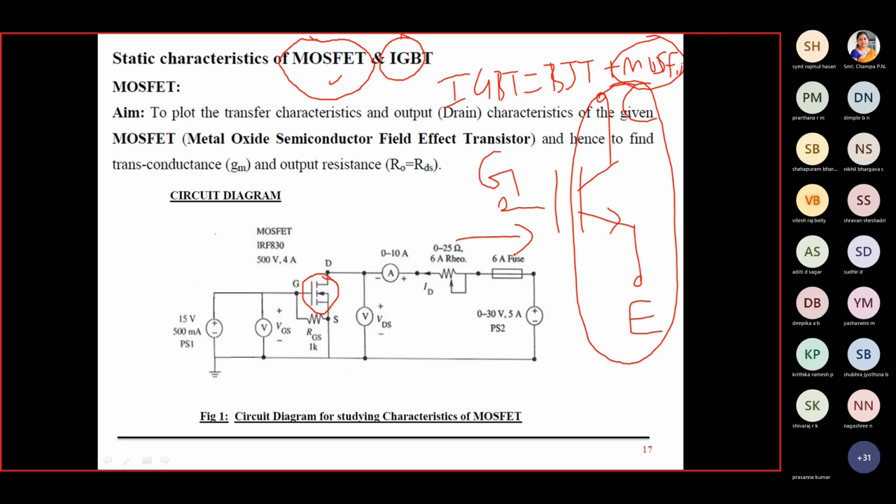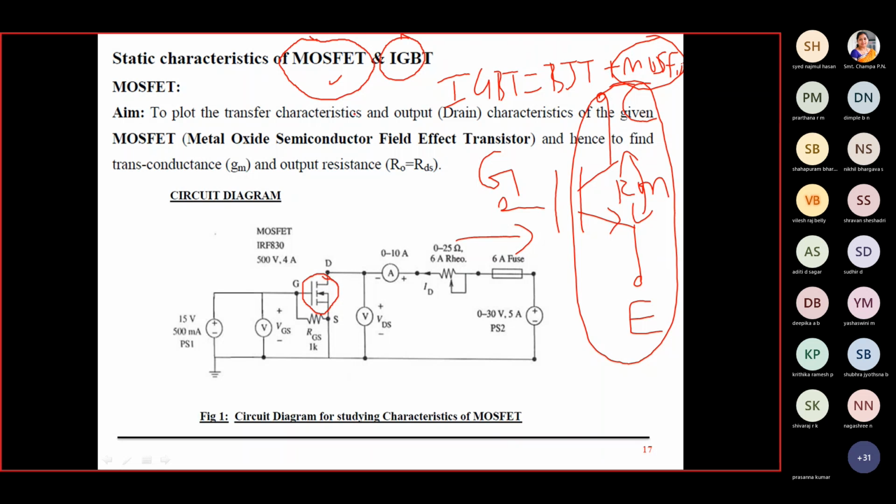It will draw very small current at the gate terminal. High input impedance is always good for us because we draw very small current at the control terminal, and low on-state resistance on the power terminals is very important because there will be less loss in the switch, less voltage drop, and less power loss in the switch. The BJT plus MOSFET put together is your IGBT.